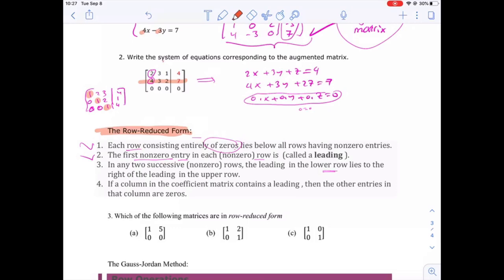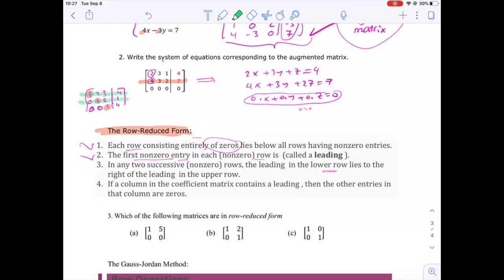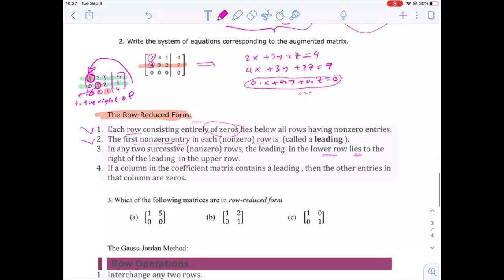And then if any two successive rows, let's choose the first one and the second one, those are two successive non-zero rows, the leading number in the lower row, where's the leading number in the lower row? It is 1, lies to the right of the leading number in the upper row. As you can see, this is to the right of this, and it looks like a diagonal of ones, right? So the ones are on the diagonal.